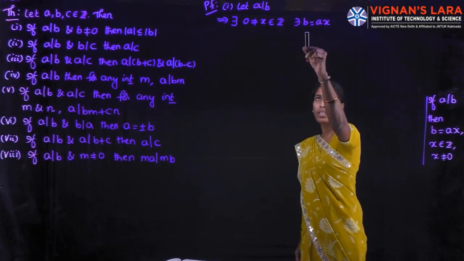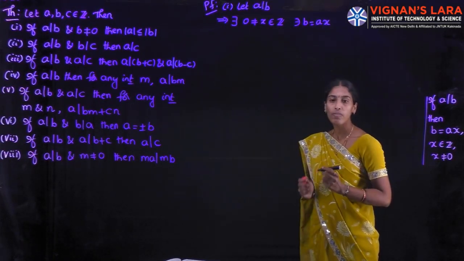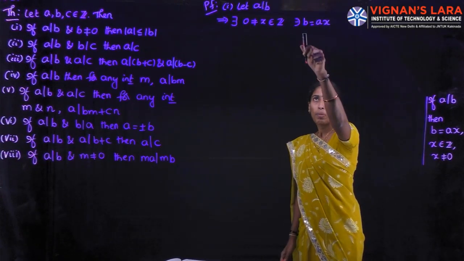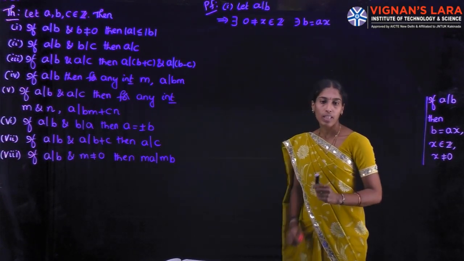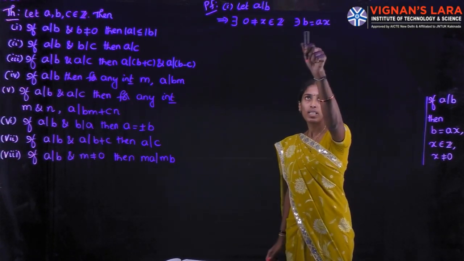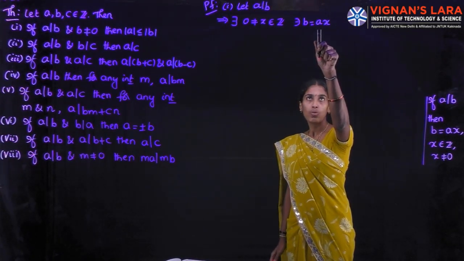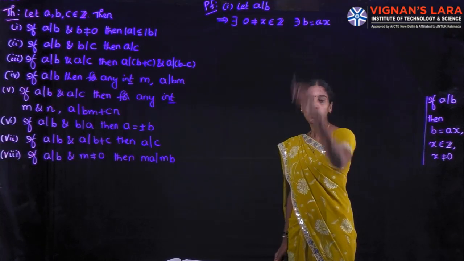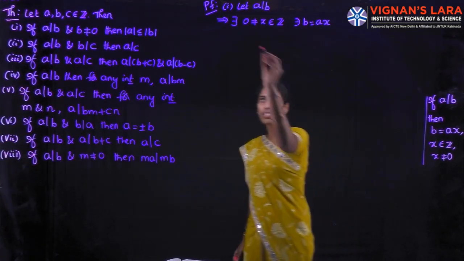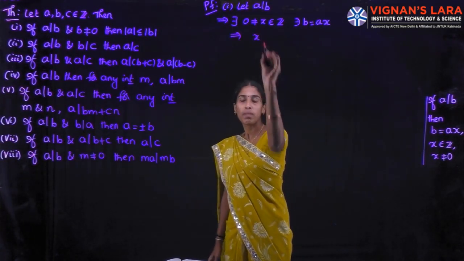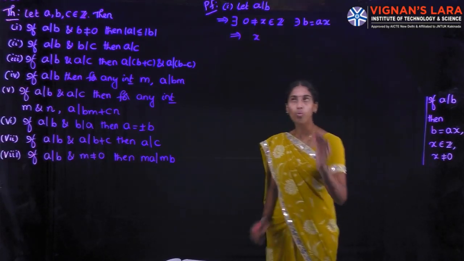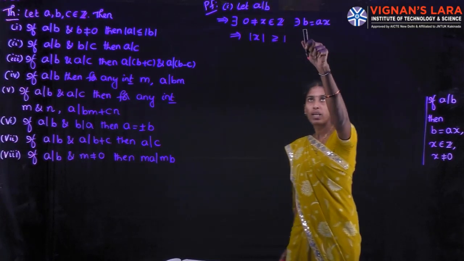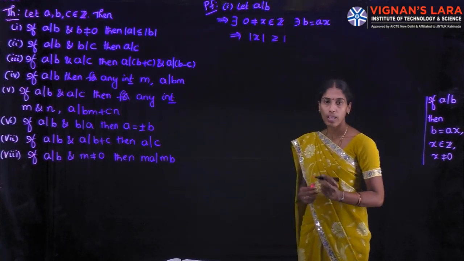From the definition of divisibility, B is a multiple of A. So, if we multiply A X times, we will get B. X times implies X must be greater than or equal to 1. Its modulus value is greater than or equal to 1 because B is a multiple of A, right?